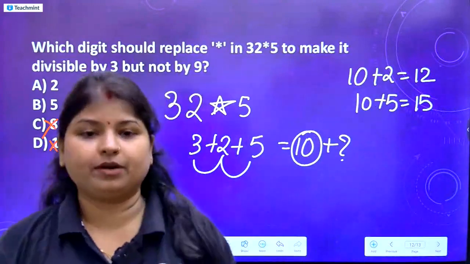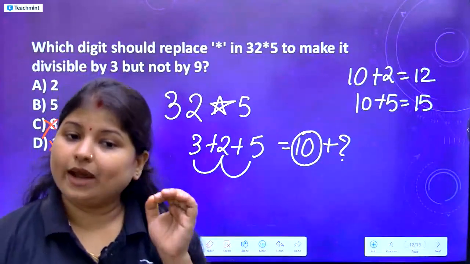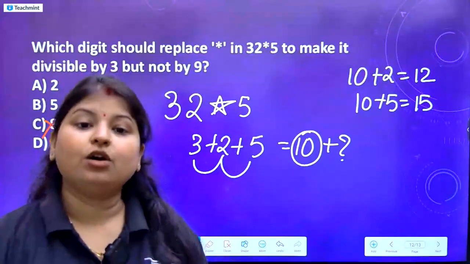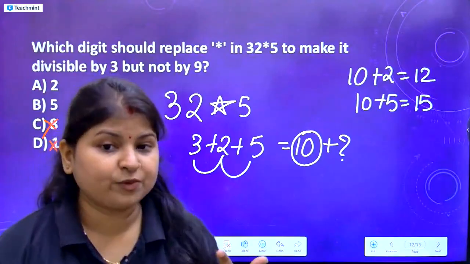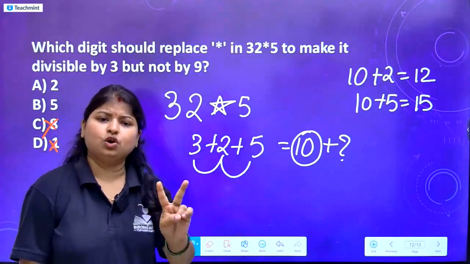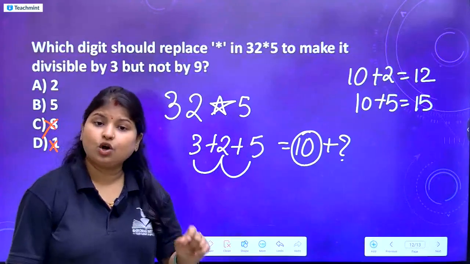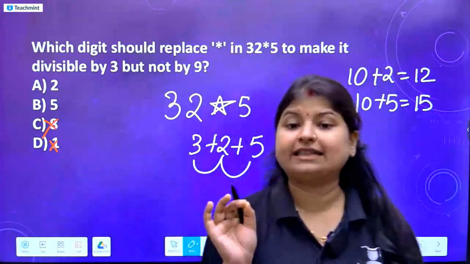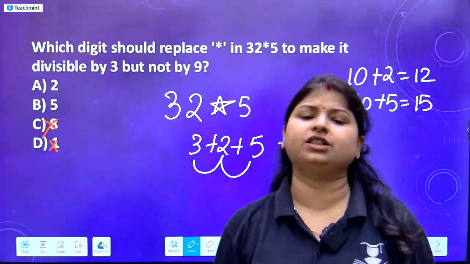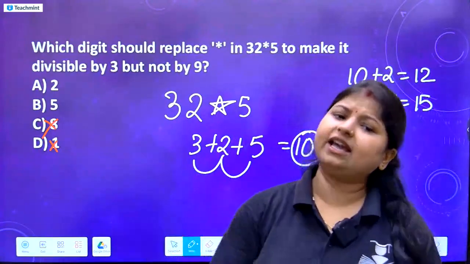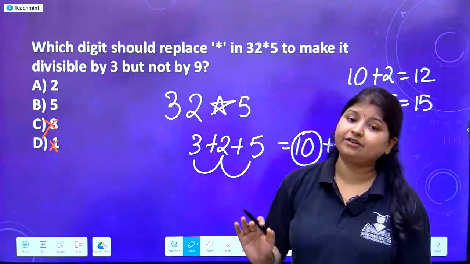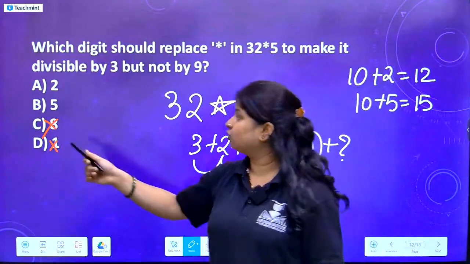Always remember that whenever you have this divisibility rule question and from among the options you feel that 2 options are correct, always go for the lesser value, if nothing is mentioned in the question. So 10 plus 2, 12.